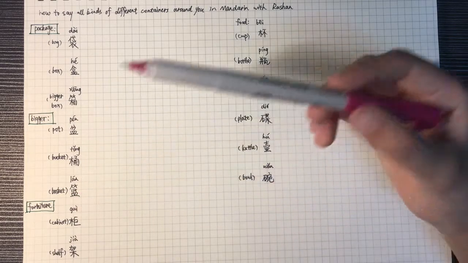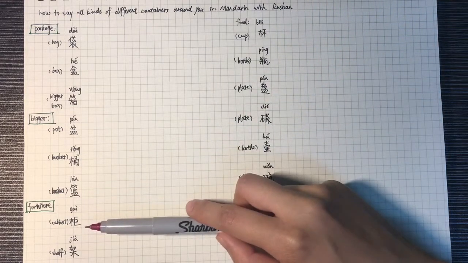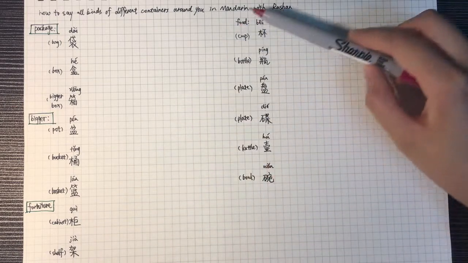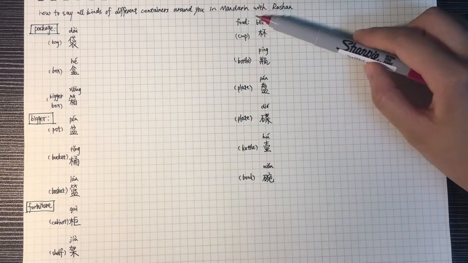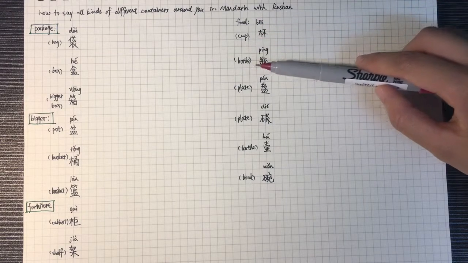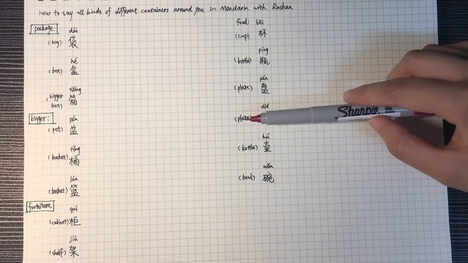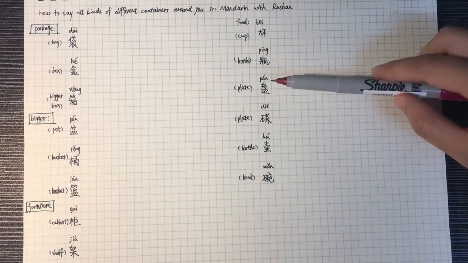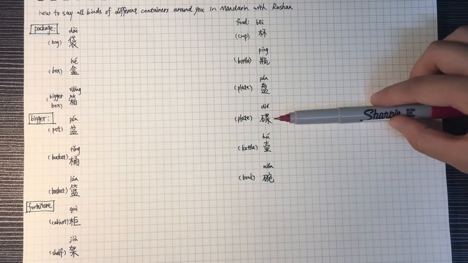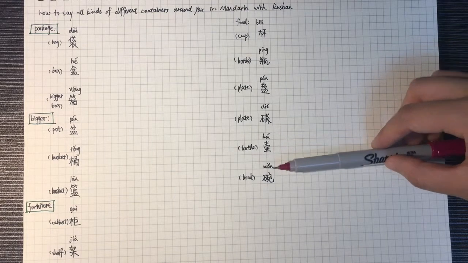For furniture-related containers, we have cabinet, 柜, and shelf, 架. Now we've moved on to the containers with food: cup, 杯, bottle, 瓶, plate, 盘, and another plate, 碟. They are quite similar, so you can just use them interchangeably. And kettle, 壶, and bowl, 碗.